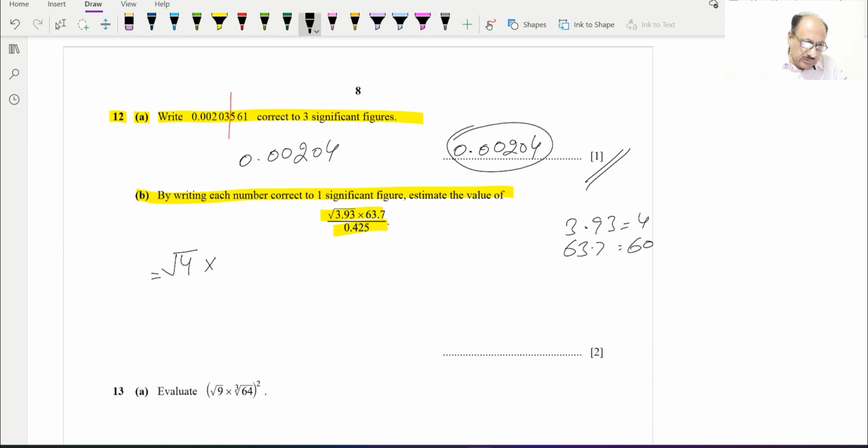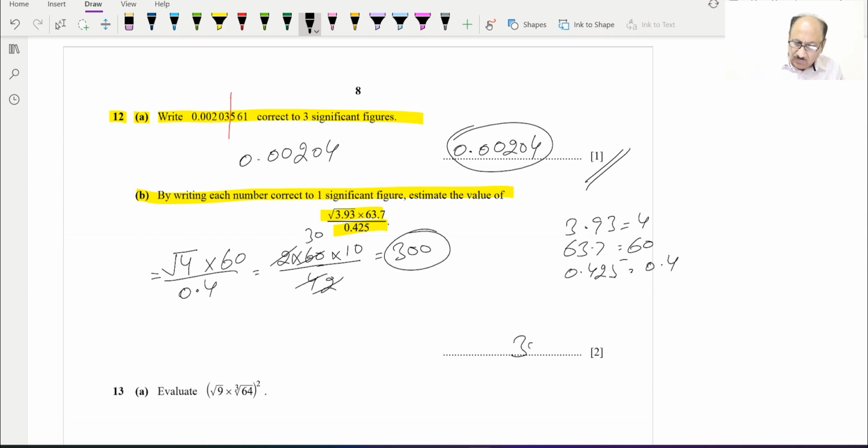So up to 1 significant figure it will be 60, and divided by 0.425, we can write it as 0.4. So this will be 0.4, and we can now simplify. This will be 2 into 60 over 0.4, or for 0.4 we can write 4 into 10, and 2 2s are 4 and 2 30s are 60, so this will be 300. This is a 2-mark question which we are done.